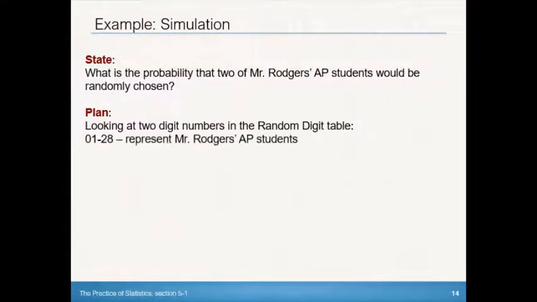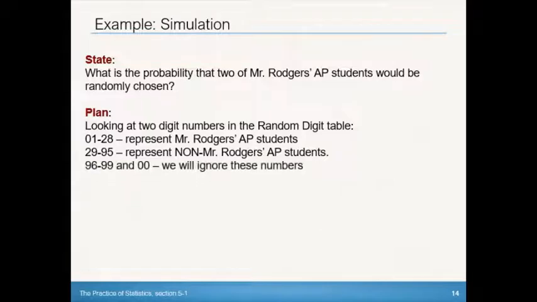So we'll count, remember 2 digits at a time, so 01 through 28 will represent Mr. Rogers' AP statistics students. And then 29 through 95 will represent non-Mr. Rogers students, so other seniors who are not in Mr. Rogers' class. All right, so numbers that are beyond 95, so 96 through 99 and 00, will be ignored.